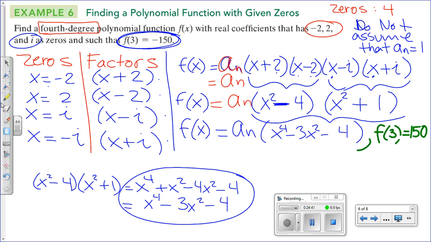So in other words, when x is equal to 3, y will be negative 150, or the function value will be negative 150. And remember that comes from here.